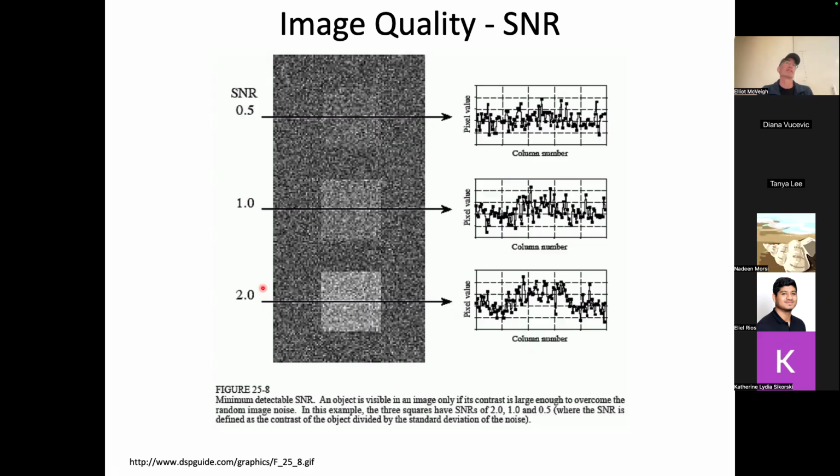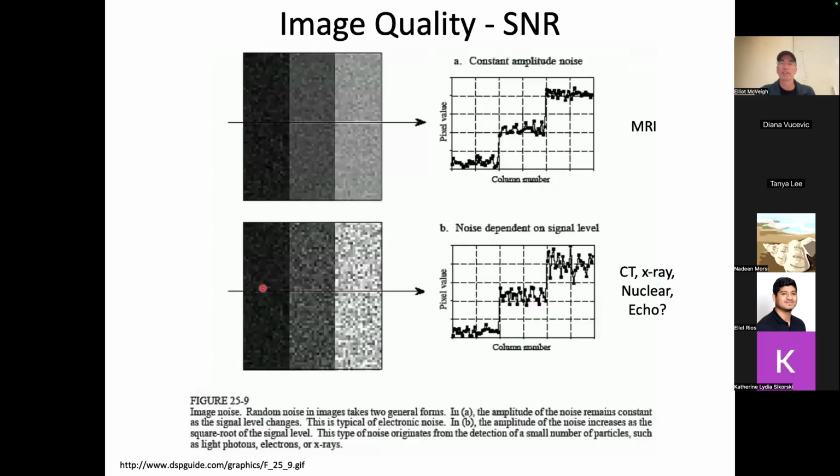That's called the Rose criterion. And the Rose criterion means I can put an ROI over that patch. And if I get a contrast to noise of 5, I am going to be right about 99% of the time that there's something there. And so that's what the Rose criterion is.